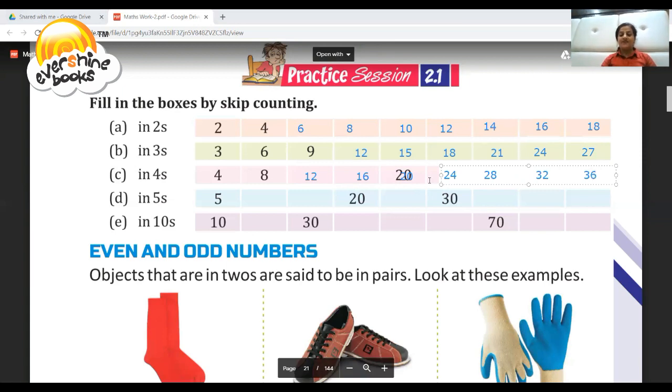Like this, we have done skip counting in fours also.